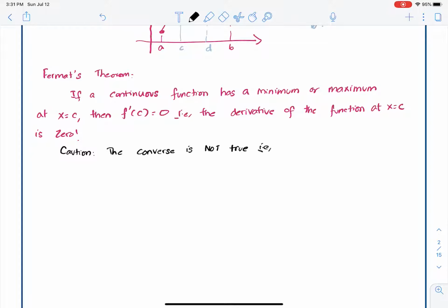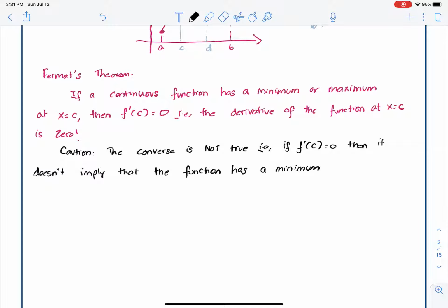That is, if f prime of c is equal to 0, then it doesn't imply that the function has a minimum or maximum at x is equal to c. That's what we mean by the converse. In other words, the reverse is not true.